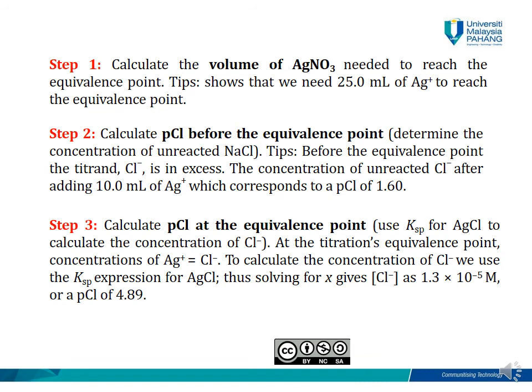Second, you need to calculate the pCl. Here, pCl is like pH. But in pH we use hydrogen, the H plus, the proton, as our analyte, whereas in this precipitation titration, your analyte is chloride ion. That's why you need to calculate the pCl.